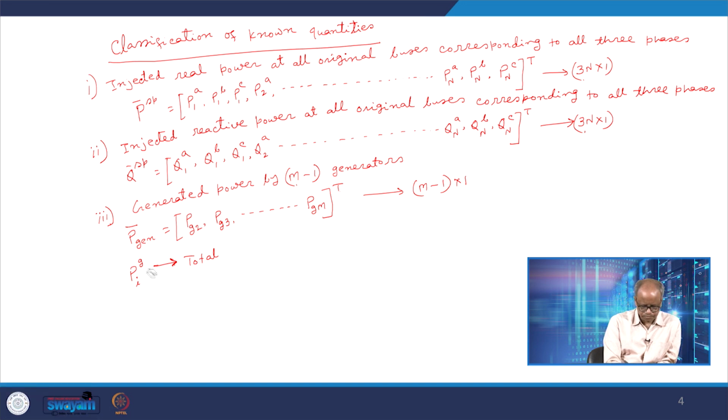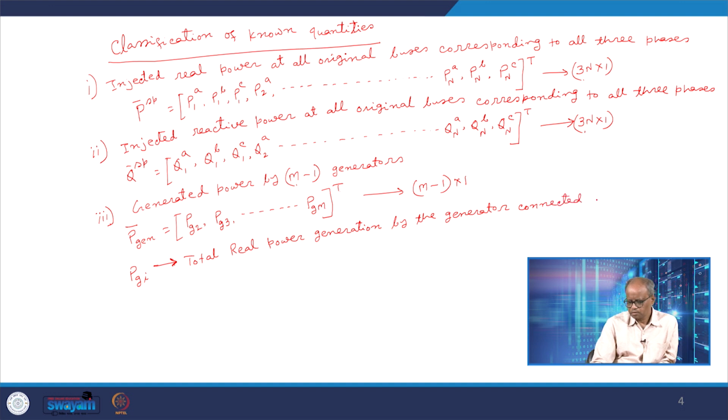So PGI is the total real power generation by the generator connected at bus I, where I is 2 to M.